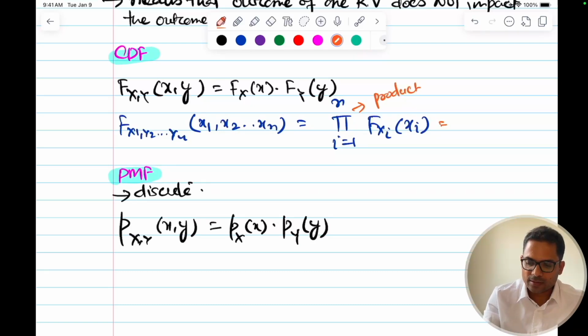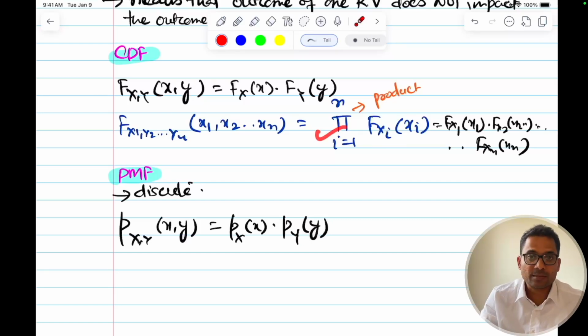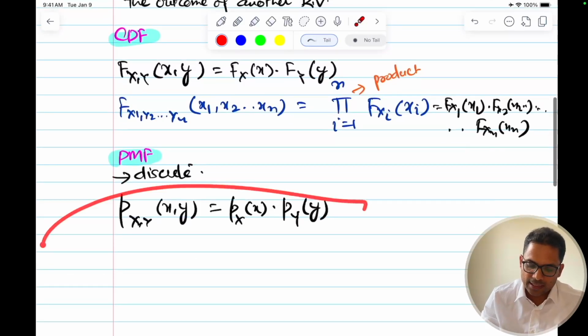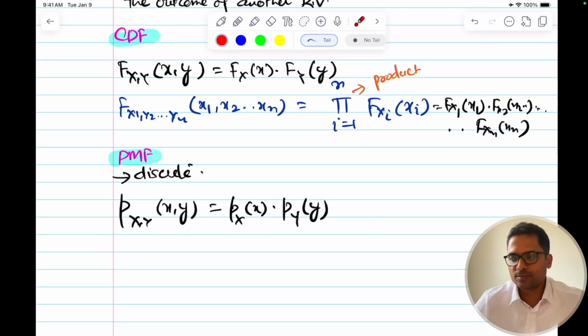This means that it is equal to F_X1 of x1 into F_X2 of x2 and so on till F_Xn of xn. In the discrete case, this will be the product of the individual terms because there is nothing common. The outcome of one doesn't impact the other.